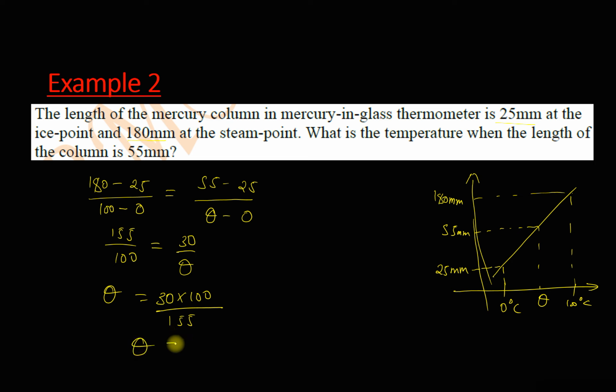So theta is going to be equal to 19.4 degrees Celsius. Okay, so that's going to be our temperature when the length of the liquid column is 55 millimeters. And you notice that 19.4 is between 0 and 100 degrees Celsius because 55 was between 25 and 180 millimeters.